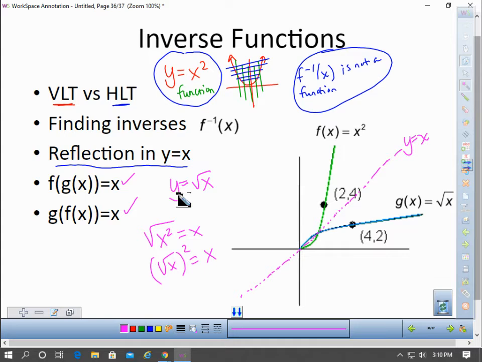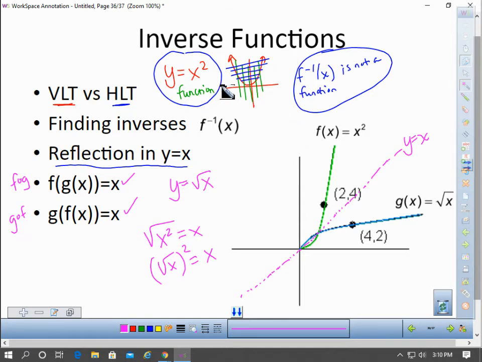You learned that they were reflections of each other in the line y equals x. And if you do the compositions, you may have seen it written as f circle g and g circle f. So I call them fog and gof, but that's your circle composition functions. And I'm sure you did that in pre-cal at some point along the way.